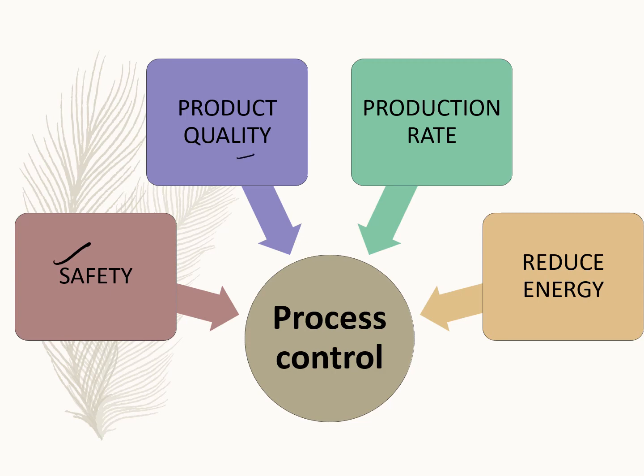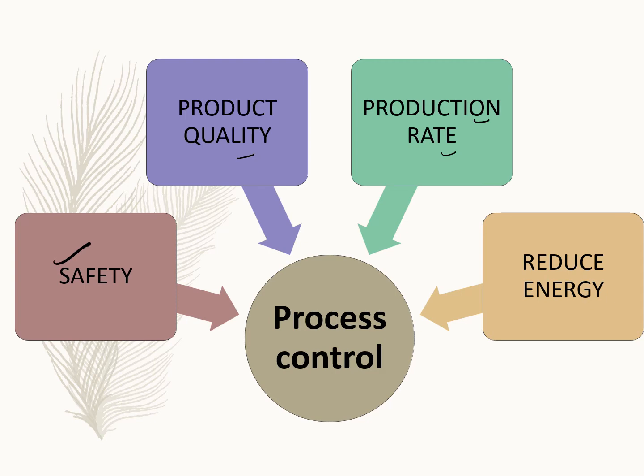Okay, next is production rate. Same goes for production rate. If the flow rate of the input or any feed, or the temperature or pressure of the process is changed, it's not steady, it can cause fluctuation in the production rate.